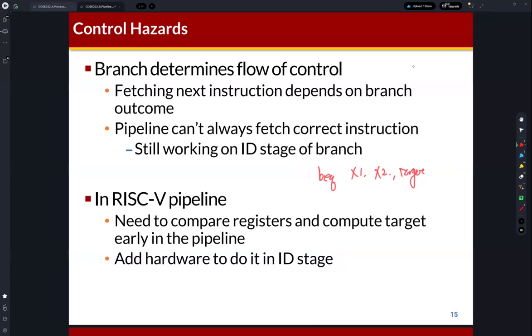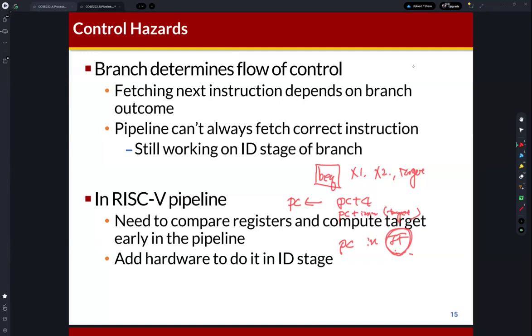The PC after this BEQ can have two different values, PC plus 4 or PC plus immediate, which is the target. The problem is that we use the PC in the instruction fetch stage, the very first stage of the pipeline architecture.